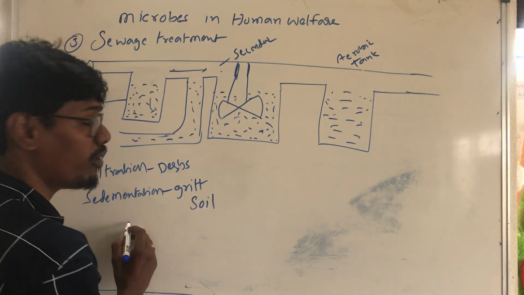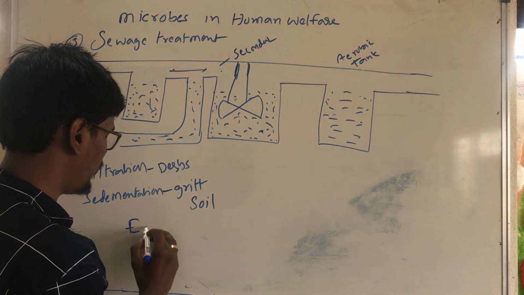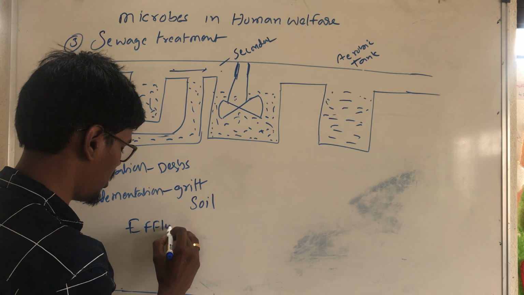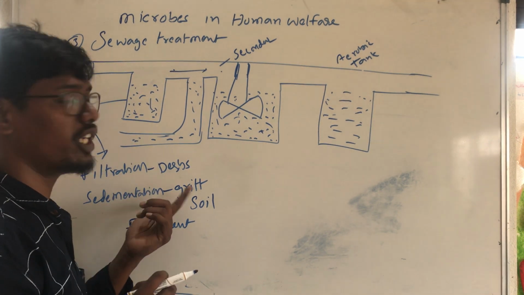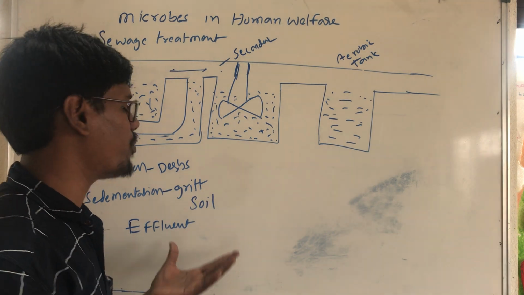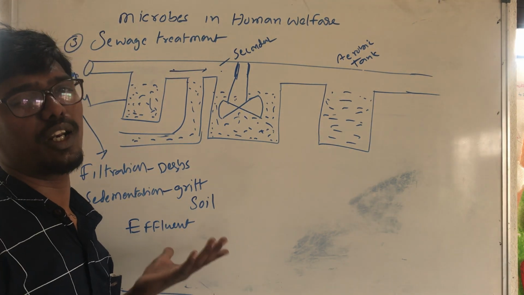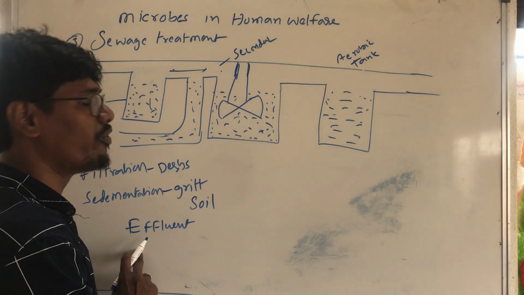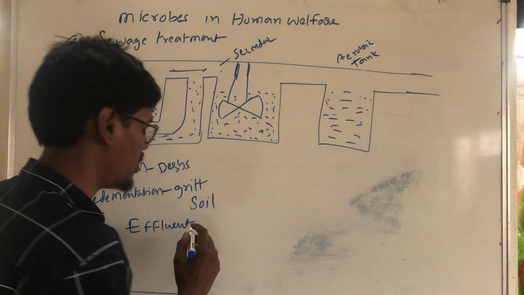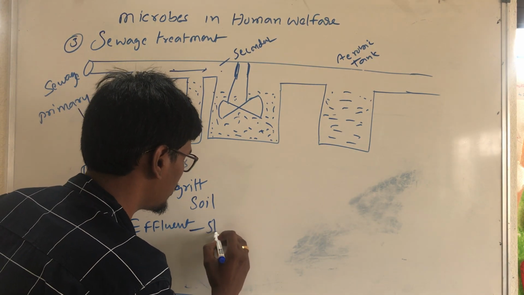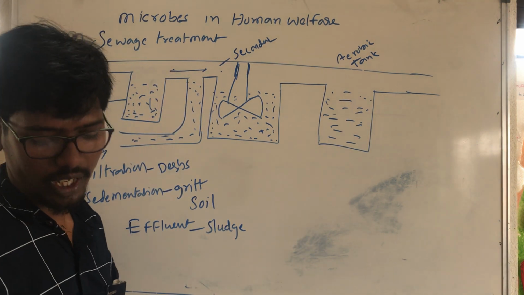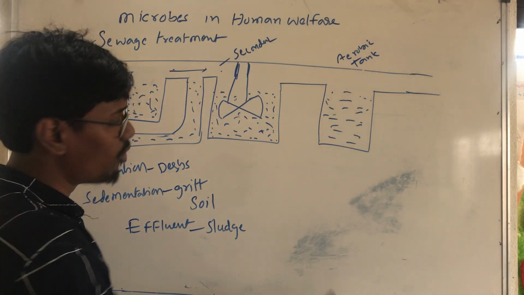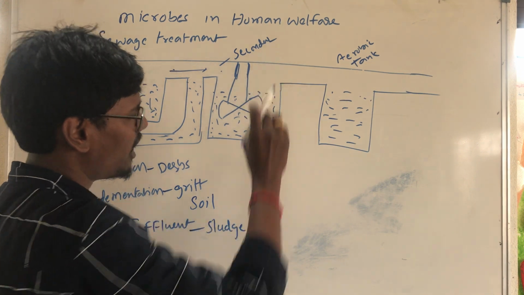After filtration and sedimentation, the remaining particles are called effluent. That is also called sludge. That sludge will be going to secondary treatment.